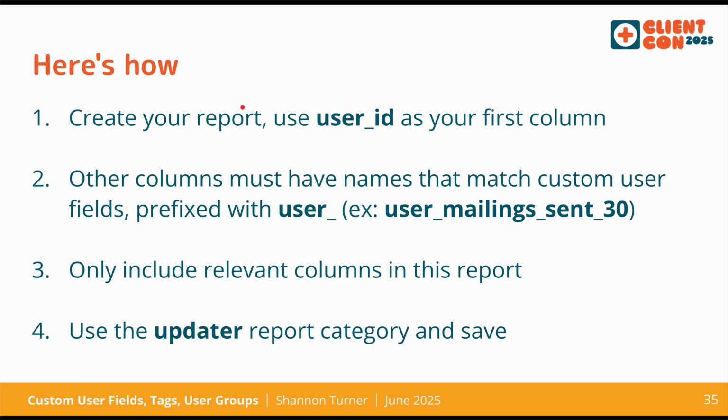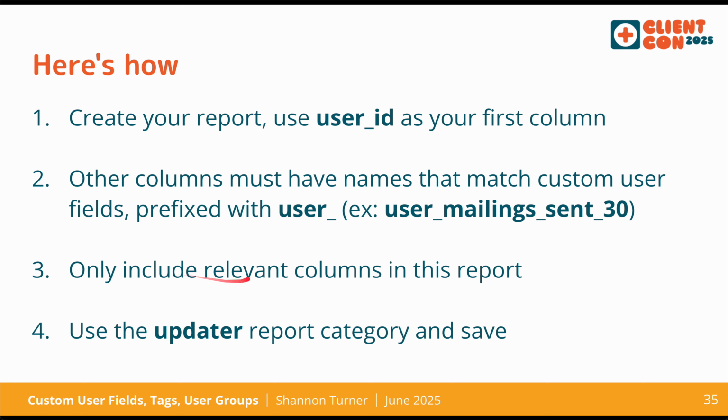So here's how to get started. First, you're going to create your report, and it's really important to use user ID as your first column. You can have other columns in your report, and these must match custom user fields prefixed with user. For example, user underscore mailings sent 30.